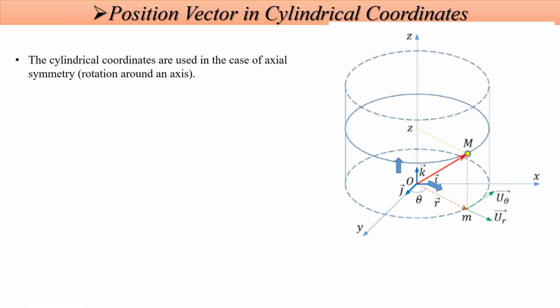Cylindrical coordinates. The position of a point M is described using a radial distance from a chosen reference axis, an angular coordinate around this axis, and a height along this axis.